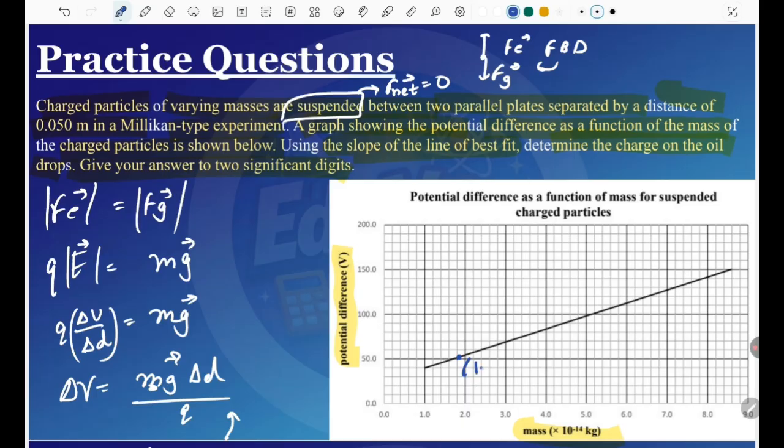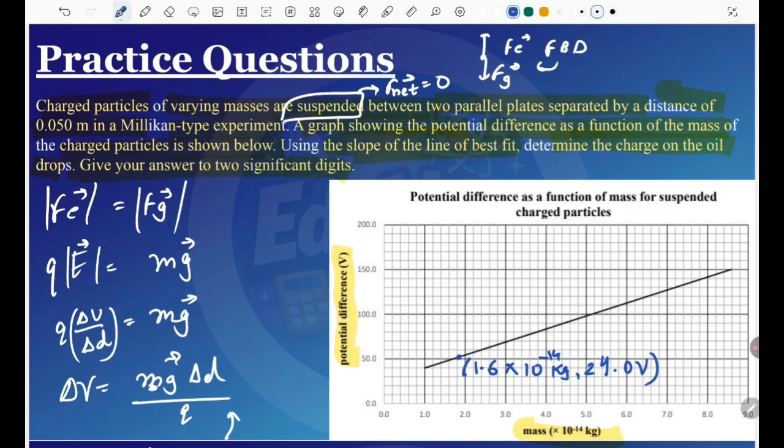So I take that point, which is about 1.6 times 10 raised to power minus 14 kg over there. We have to make those units consistent. And the other value is approximately 24.0 volts. That's all the approximation part. You get a more accurate graph in the questions when you do the examination. So this is the approximation you will have to do.